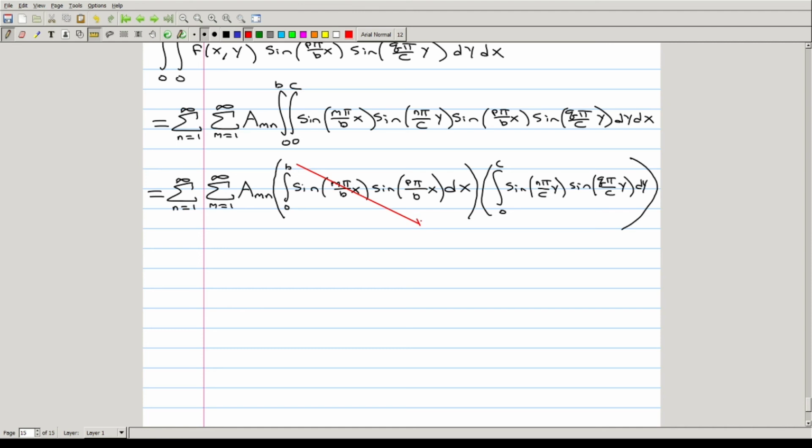This integral is going to be 0 if m is not equal to p, and the only time it's going to be non-zero is if m is equal to p, in which case it'll be b over 2.